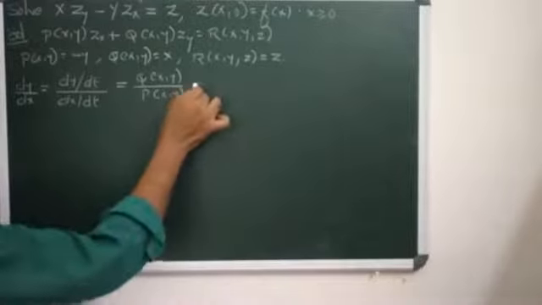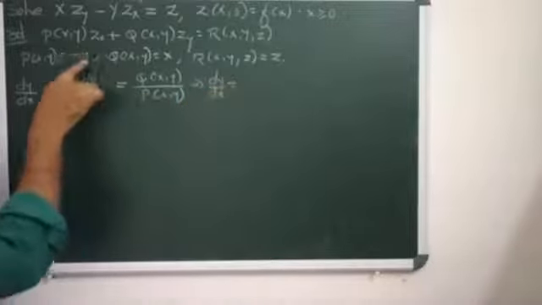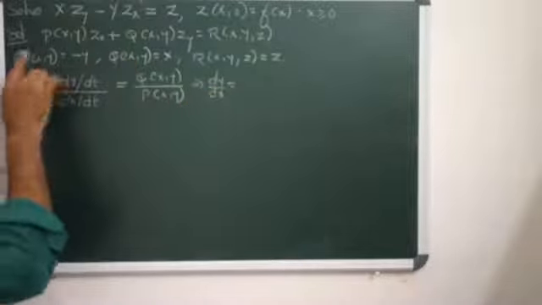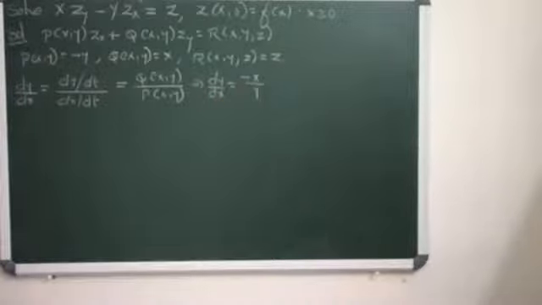That means dy/dx equals x over minus y, so it is minus x by y.